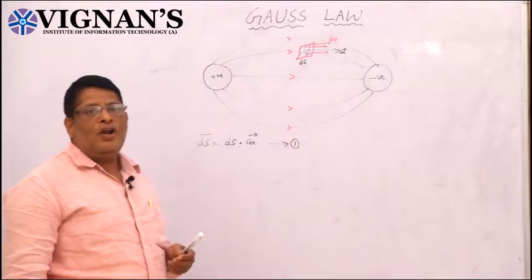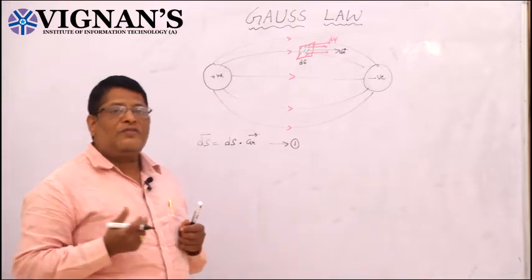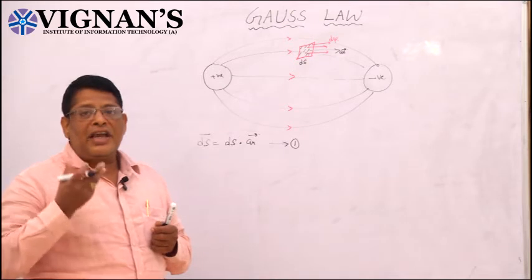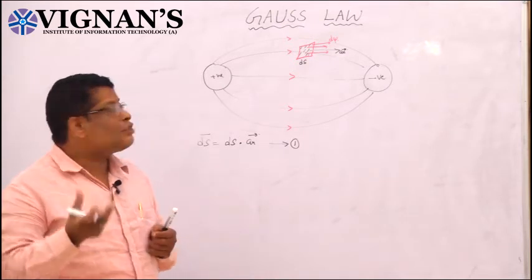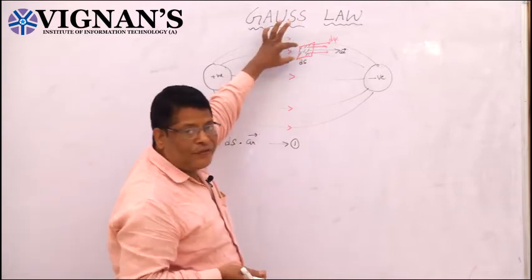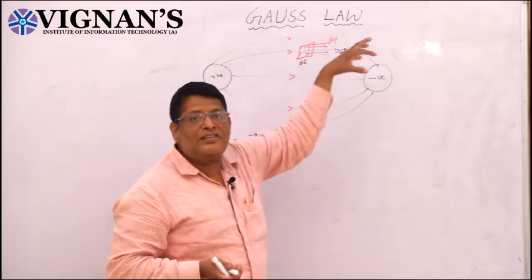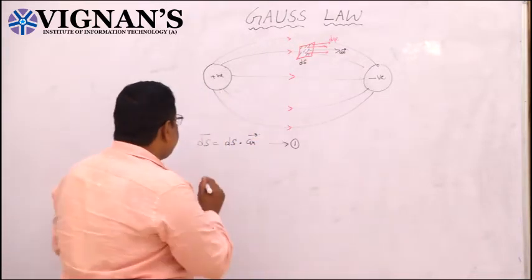Next, now come to the flux density. Again I am repeating the definition of the flux density. It is the amount of flux that passes through the unit surface area. Here we have taken the unit surface area. How much flux passes through the unit surface area? That flux here we have taken as d psi.